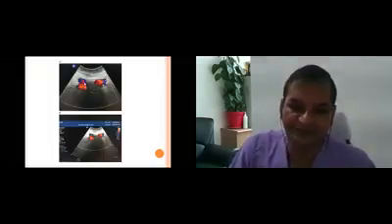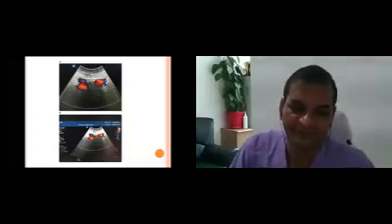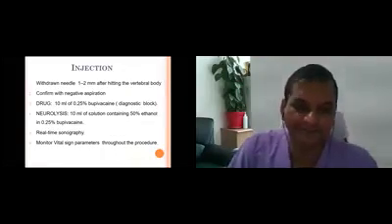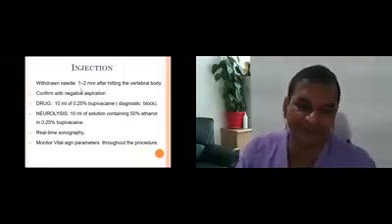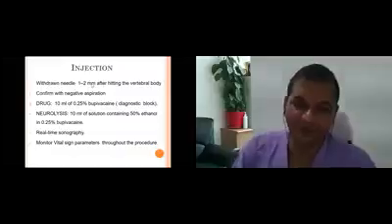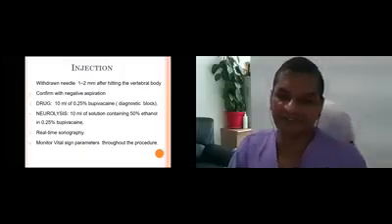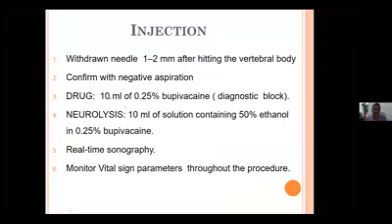And this is the color Doppler flow of both common iliac arteries. When we hit the fifth lumbar vertebra, withdraw 1 or 2 mm after hitting the vertebral body, confirm negative aspiration, and use 8 to 10 ml of 0.25 percent for the diagnostic block.